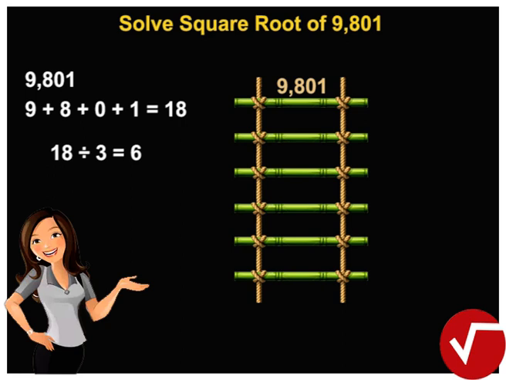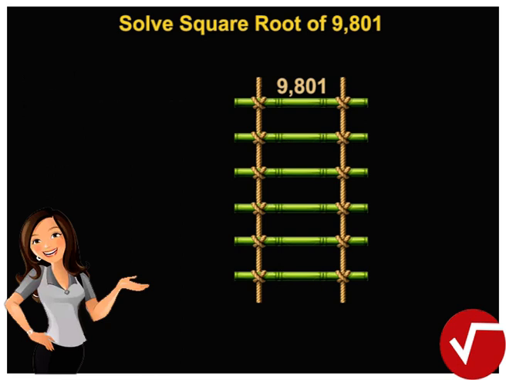Therefore, 9801 is exactly divisible by 3. When 9801 is divided by 3, it gives 3267. We will write 3 on the left of the number 9801 on the ladder and 3267 exactly below, on the bottom step of the ladder.